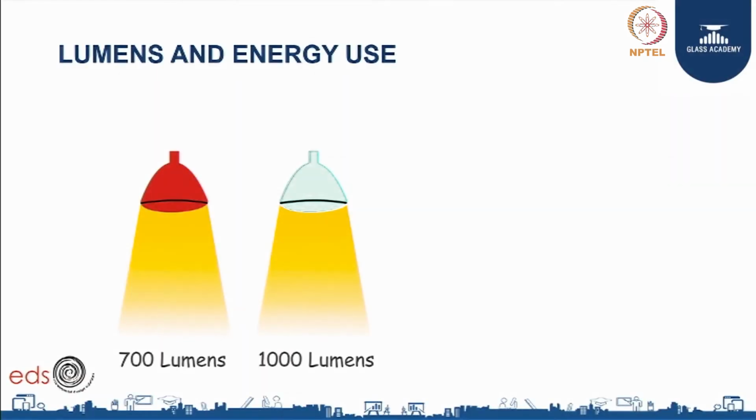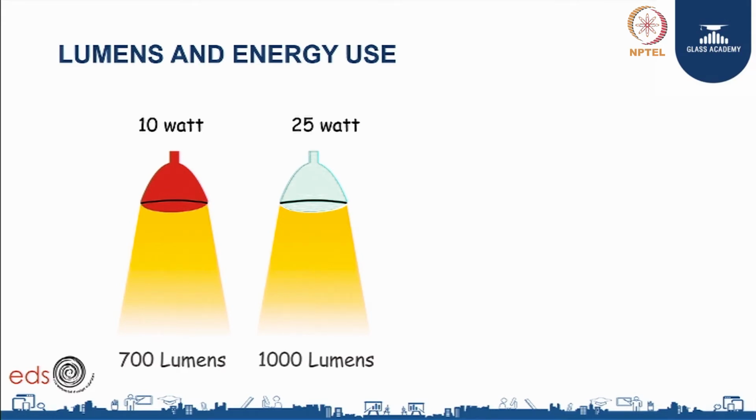Now let's revisit that same example, with the red and the green lamps giving 700 and 1000 lumens. Now let's add the wattage to that. My red lighting fixture is consuming around 10 watts, and the green is consuming 25 watts.